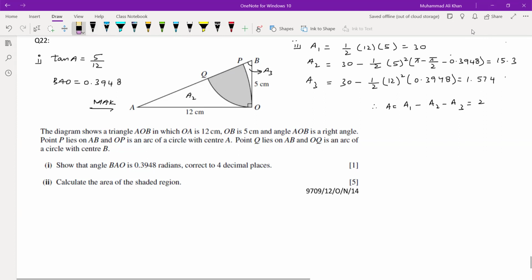So now, what is the final answer? It is 13.13. This is the final answer. Clear?